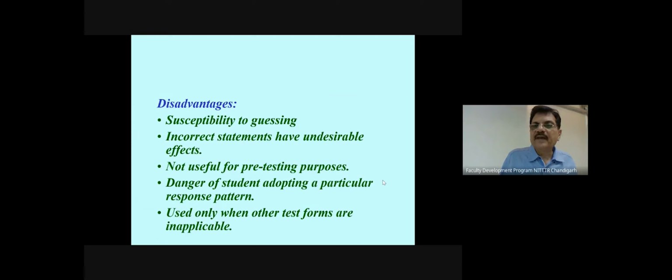Incorrect statements may sometimes have undesirable effect on the minds of the student. You cannot use it for pre-testing, and the student may adopt a particular response pattern and useful only when other tests are not applicable. Now moving to multiple choice item.